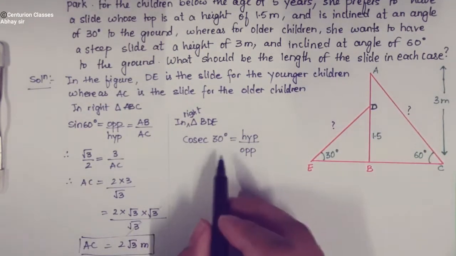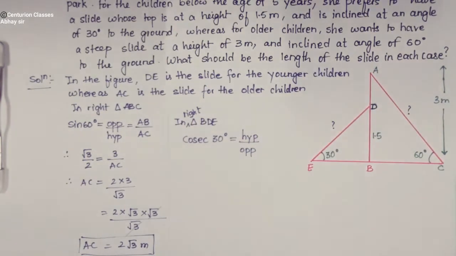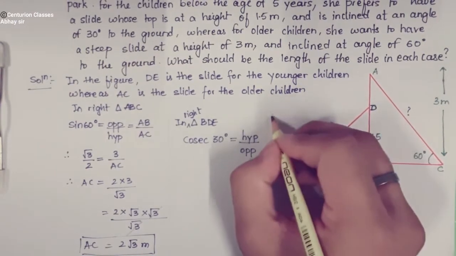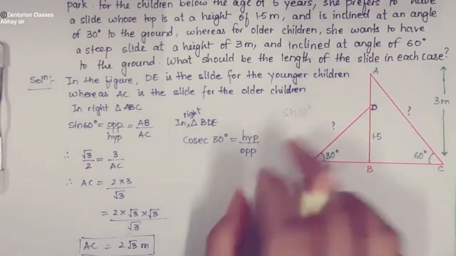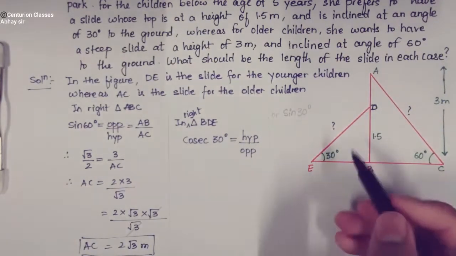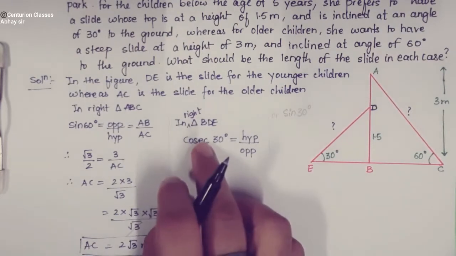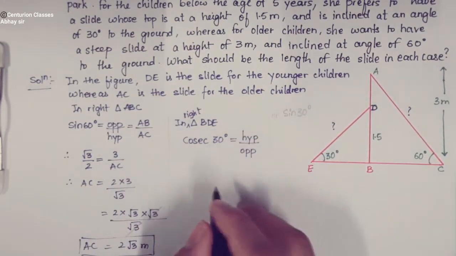So you can use cosec 30° or you can also use sin 30°, both will work, because what we are dealing with is hypotenuse and opposite. Okay, so just to add on the variety, and you should be knowing this, you can calculate with sin 30 as well, the answer will be the same.